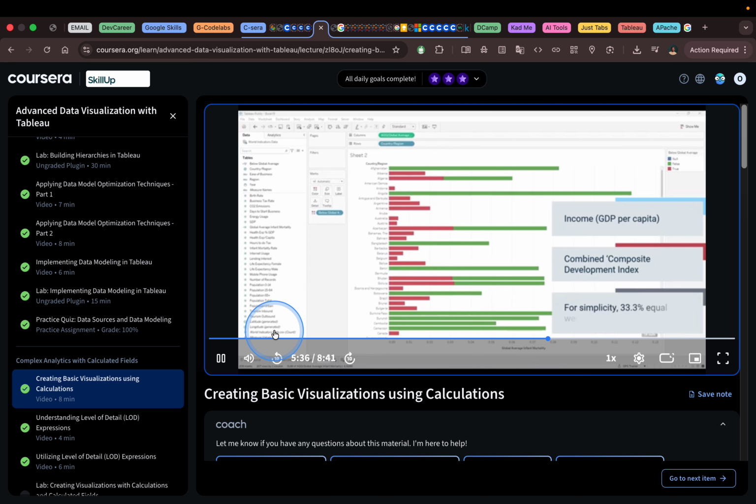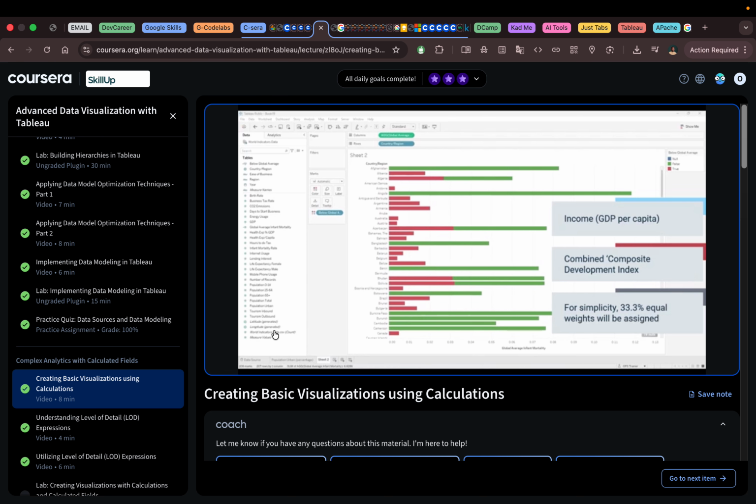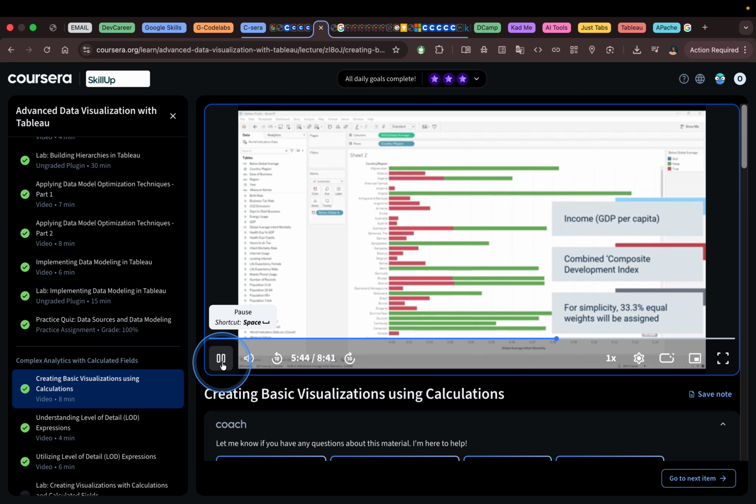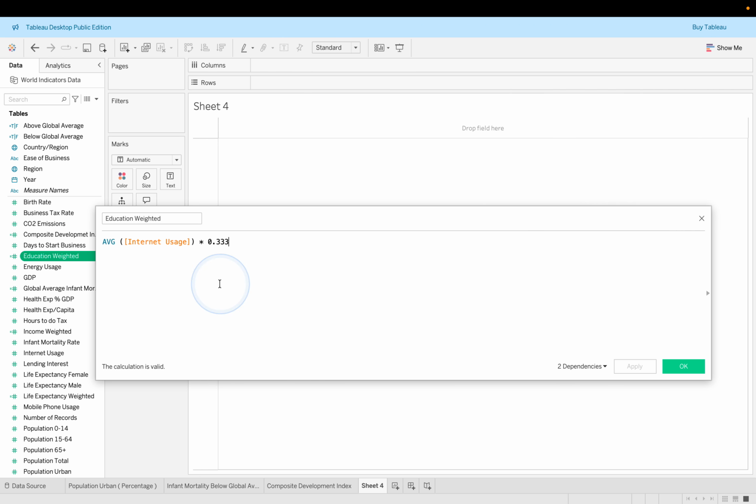For simplicity, in this demo, we assign equal weights of 33.3% to each indicator, acknowledging that in real-world applications, these would differ. So 0.333 was picked for the weighting, and that's what they actually use there. That's how we have the education weighted as the average internet usage multiplied by 0.333.